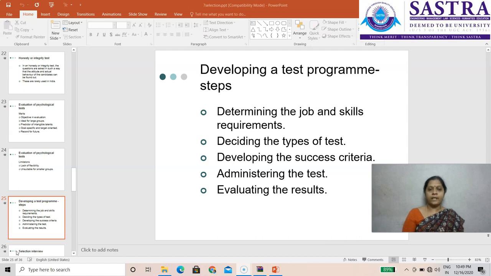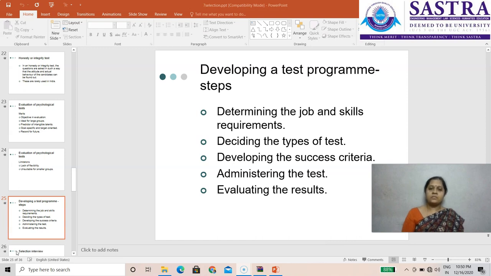Since the purpose of conducting a test is to predict how the applicant would perform if selected for the particular job, organizations need to make a strategic decision regarding the development of a testing program, and they must begin the planning, development and administration of the testing program with due care and diligence.